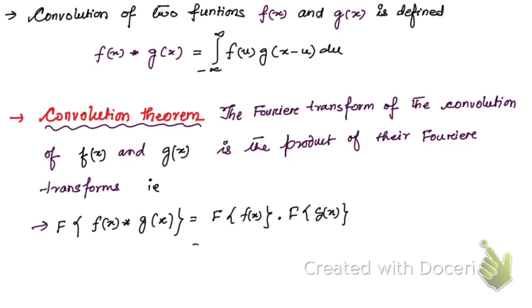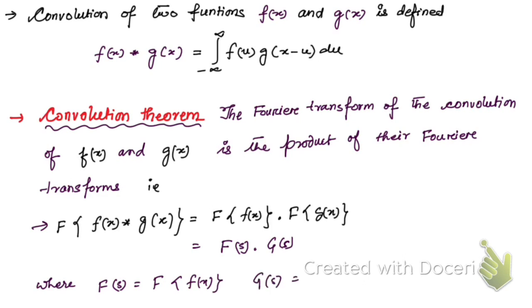Or you can write the Fourier transformation of f(x) as capital F(s), and the Fourier transformation of small g(x) as capital G(s), where capital F(s) is the Fourier transformation of small f(x), and capital G(s) is the Fourier transformation of small g(x). So we can consider it that way.